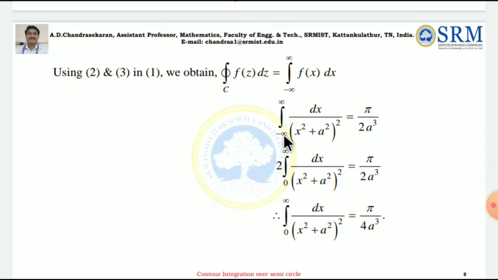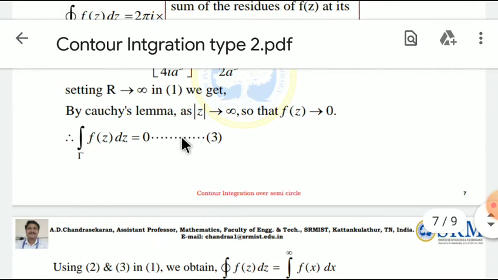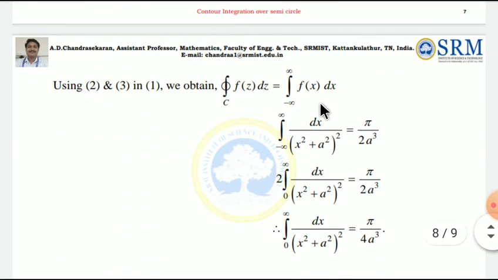Suppose the given question is from minus infinity, then we stop up to this. Clear? So this is the type 2 contour integration over a semicircle. The only idea is that by using Cauchy's lemma, the integral over gamma of f of z dz becomes 0, and by setting the radius tends to infinity, it is on the real axis.